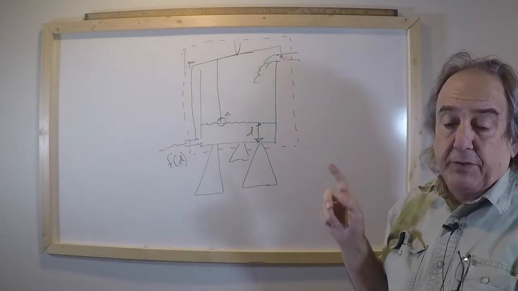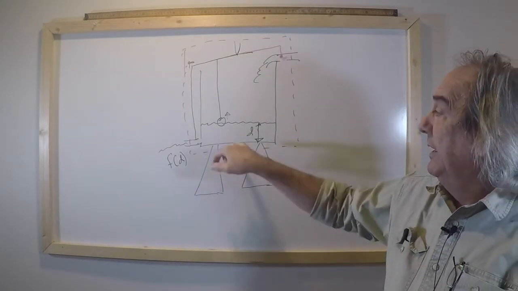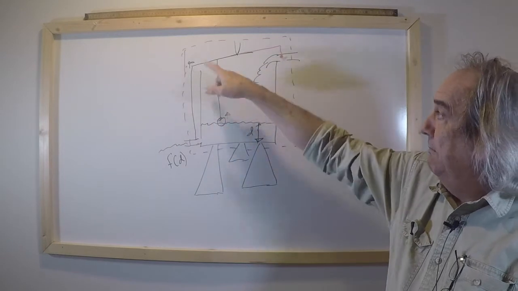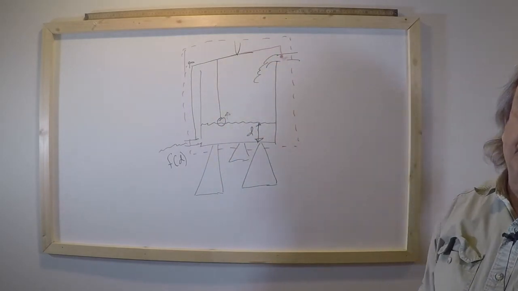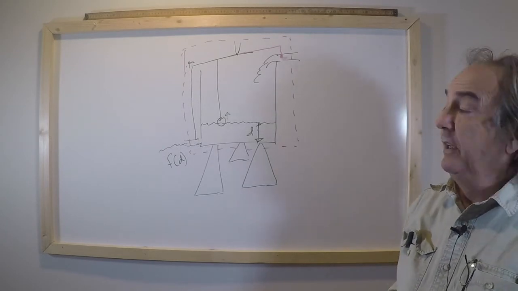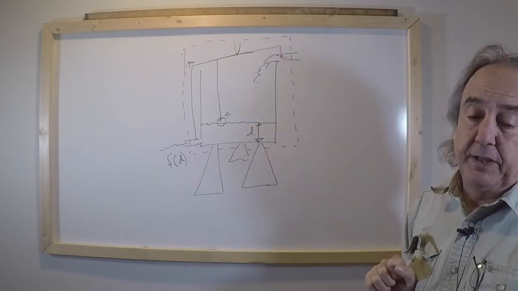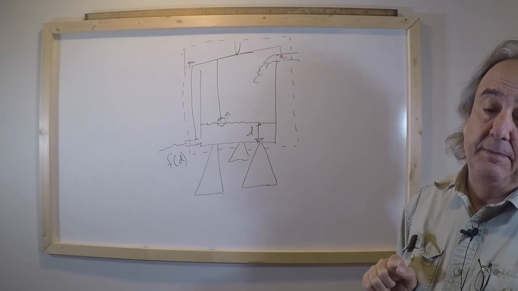But the point of the exercise is that by adding this mechanism, the system starts to have a purpose, and that purpose is to have the tank filled at some level D.